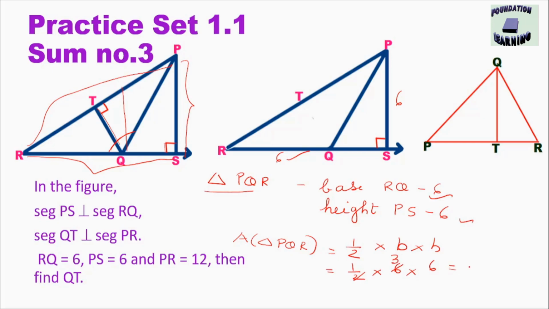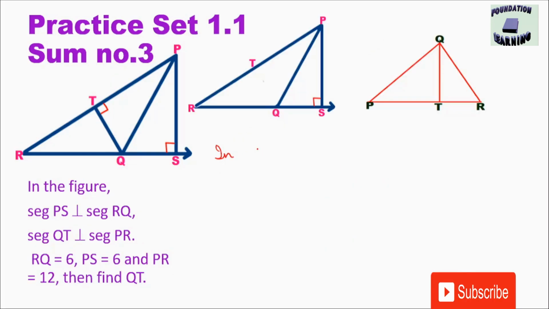So here we got 18. That means the area of triangle PQR is 18.